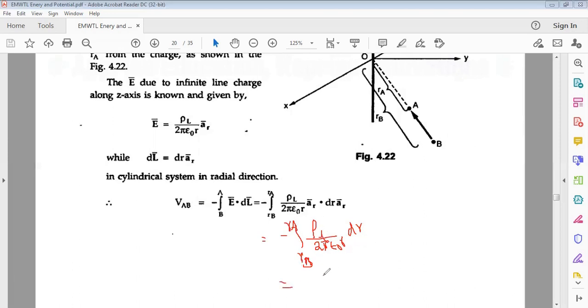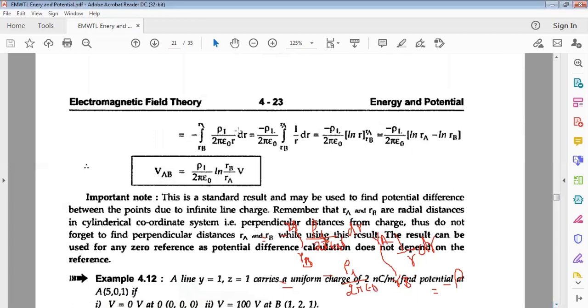The integral of 1 by R dR is ln of R. So minus rho L by 2 pi epsilon naught is a constant, times the integral from RB to RA of 1 by R dR, which is ln of R, evaluated from RB to RA.